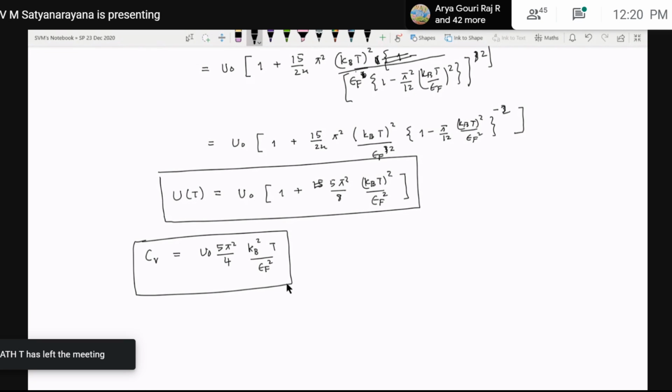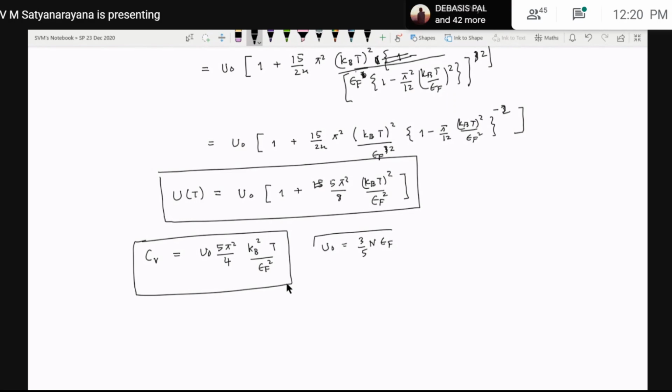And that is where I said that the specific heat will go like gamma T plus alpha T cube, and gamma T is the contribution that is coming from the electrons. And of course, this U0 is 3 by 5 n into epsilon. Okay, so this is the story of Fermi Dirac integrals and Sommerfeld's expansion.